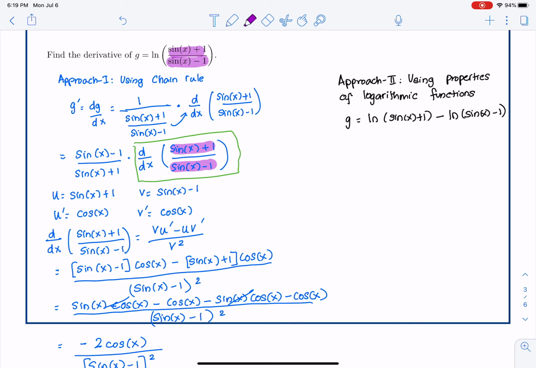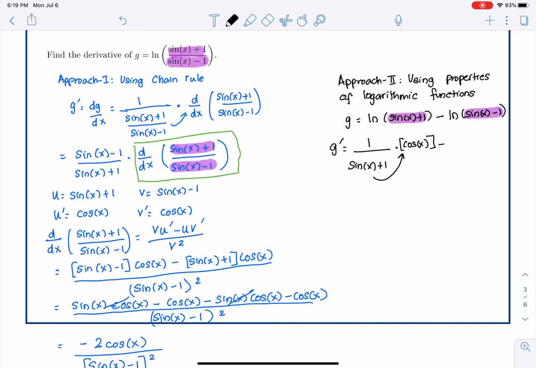Now we have to use chain rule here again because we have a function within a function. So g prime would be 1 over sine x plus 1 multiplied by the derivative of sine x plus 1. Derivative of sine x is cosine x. The derivative of 1 is 0. So cosine x plus 0 is cosine x. So I would leave it as is.